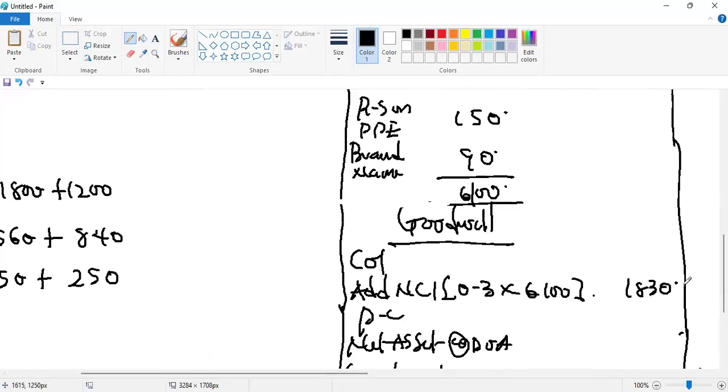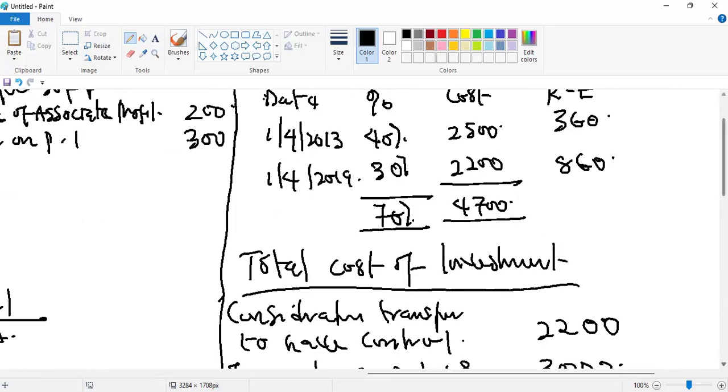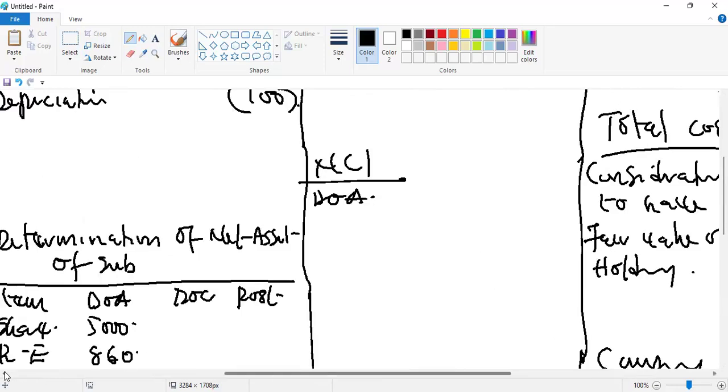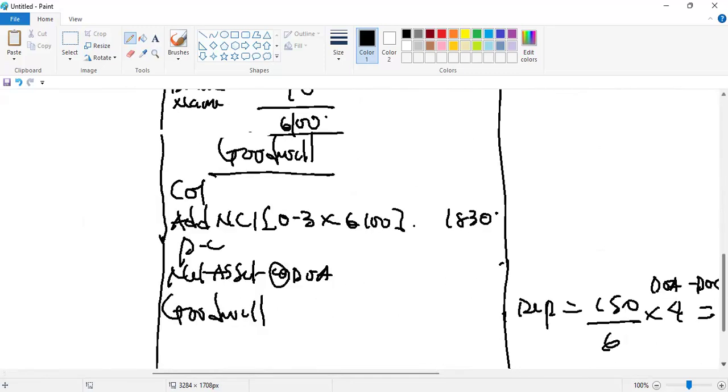The cost of investment. But we have done that here. Consideration transferred to have control, yes, 5-2. So I'll bring my 5-2 for the goodwill calculation. 5-2 plus 1830.